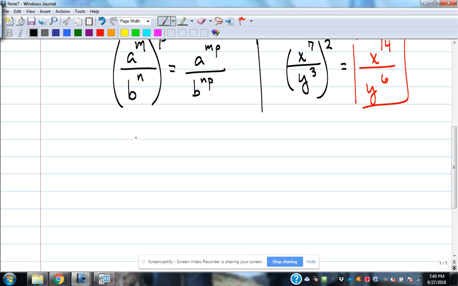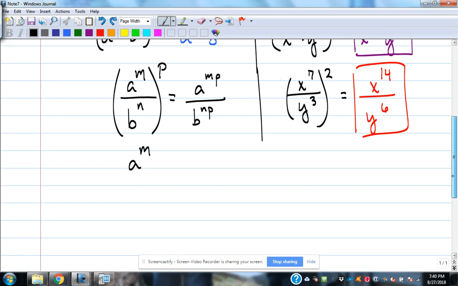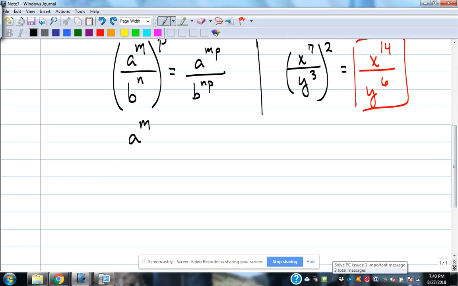Is the quotient rule. The quotient rule is the opposite of the product rule. So the product rule was if the bases were the same and you were multiplying, you did what with the exponents? So let's go back up to the top, the very first thing. What did we do when we multiplied, when we had the bases the same? We added. So if we're dividing, division is the opposite of multiplication, right? What's the opposite of addition?